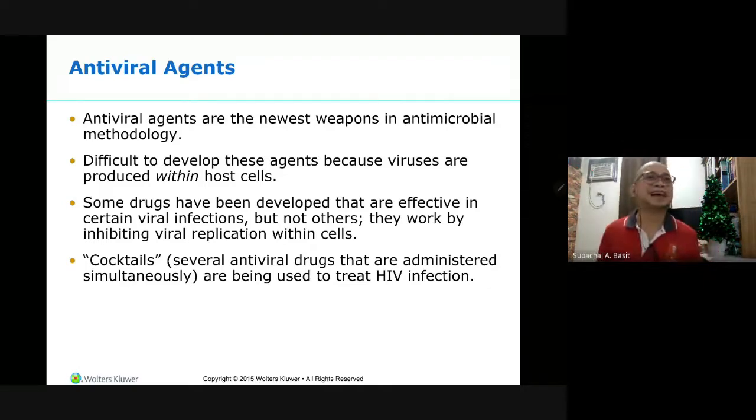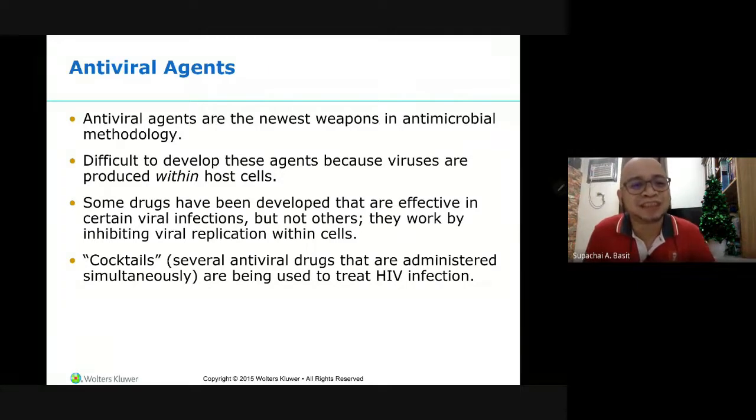So, for example, there is no cure for HIV, but if you are taking antiretroviral drugs, several of them are administered simultaneously, being taken by the patient all at the same time.